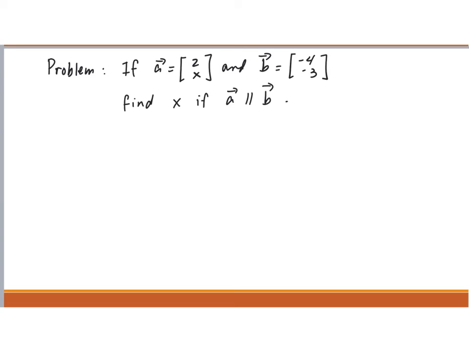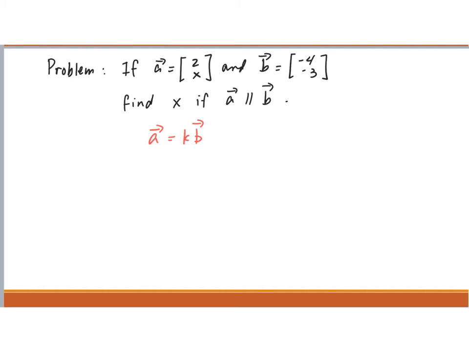Suppose we have this problem. If A has components 2, x and B has negative 4, negative 3, find x if A and B are parallel. So we start with if A and B are parallel, then we could express each as a multiple of the other. So we could either say A is equal to some scalar k times B, or B is equal to kA.